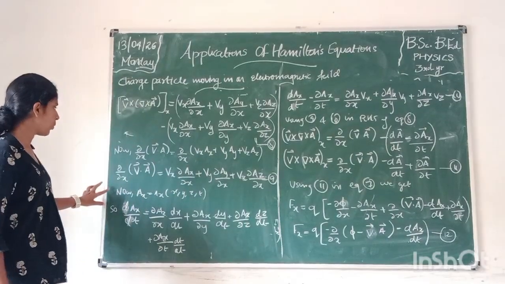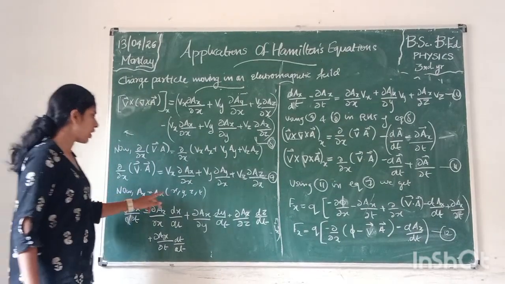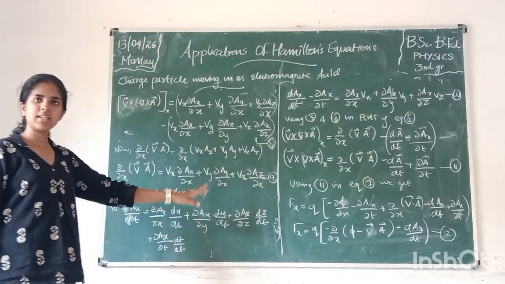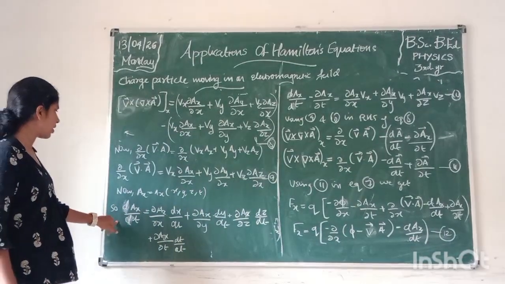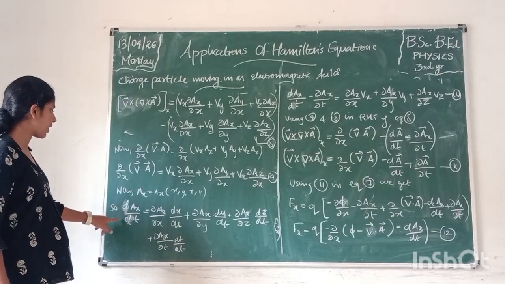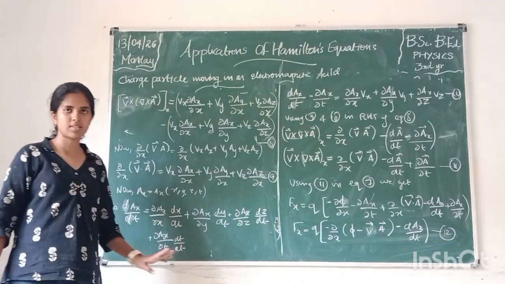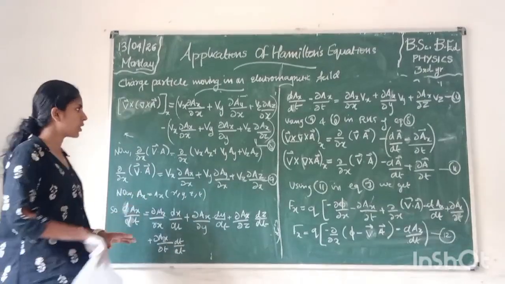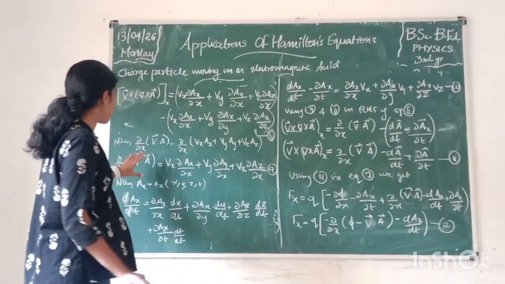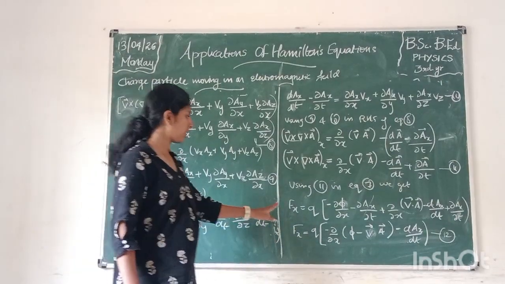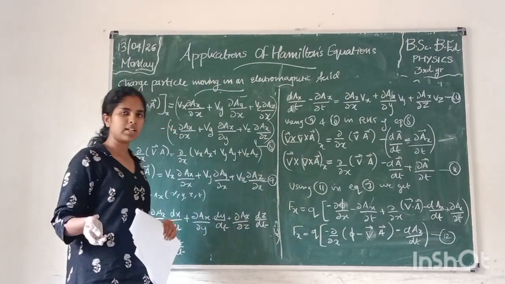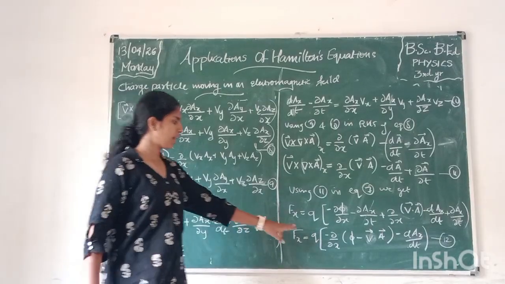This is the equation. Now here a_x is a function of x, y, z and t. So from here we do d/dt of a_x. We are doing this to convert it into another form, to substitute in the first equation we already wrote and make it smaller.